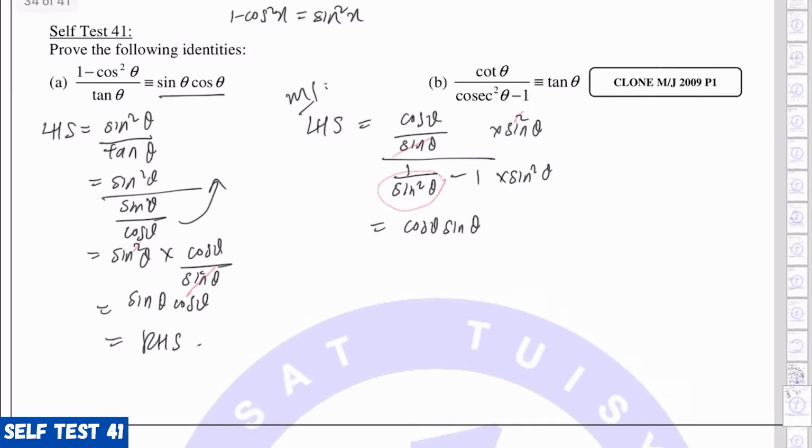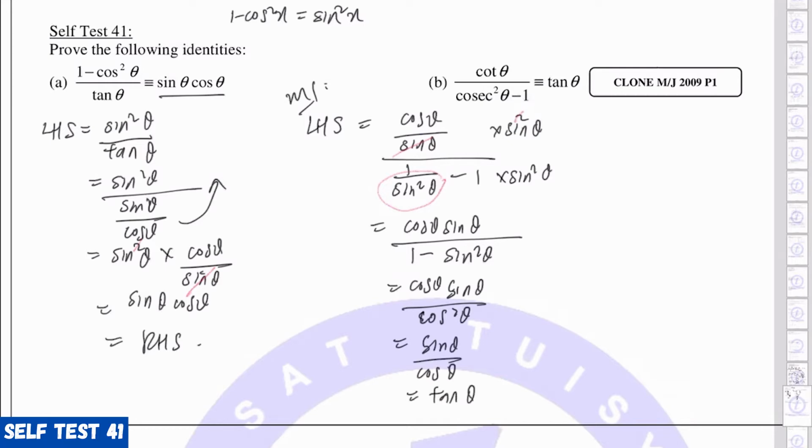Once you cancel the denominator, this will give us 1, and this will be sine square. What is 1 minus sine square? 1 minus cos square is sine square, and 1 minus sine square is cos square. As I can cancel cos and cos square, I'm left with sine over cos, and sine over cos is tangent, the right hand side.